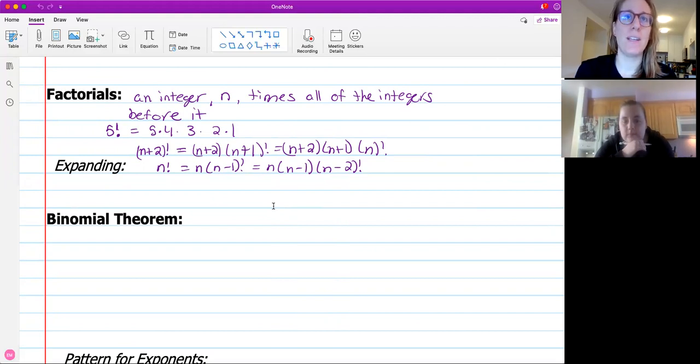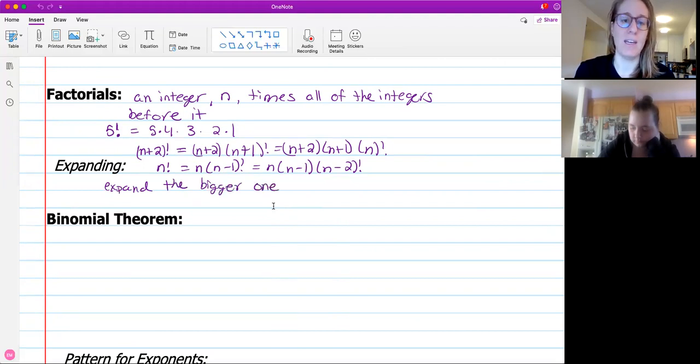Remember, you can always pretend that n is some number. So if you have a fraction with n plus 2 factorial on the top and n minus 2 factorial on the bottom, pretend that n is a number, and you can easily see, if n is 7, what's bigger, 7 plus 2 or 7 minus 2?